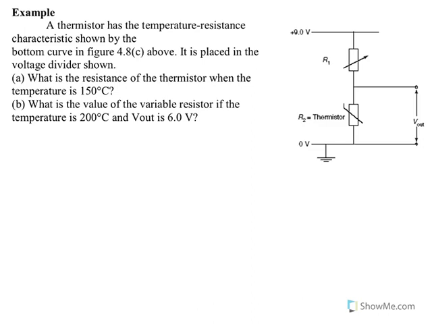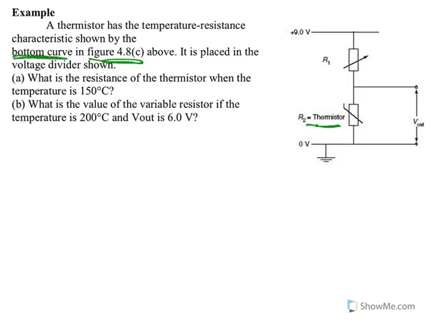All right, so here's our diagram. Here's our thermistor, so the resistance of that is going to change depending on the temperature. Now we're told figure 4.8c, the bottom curve.